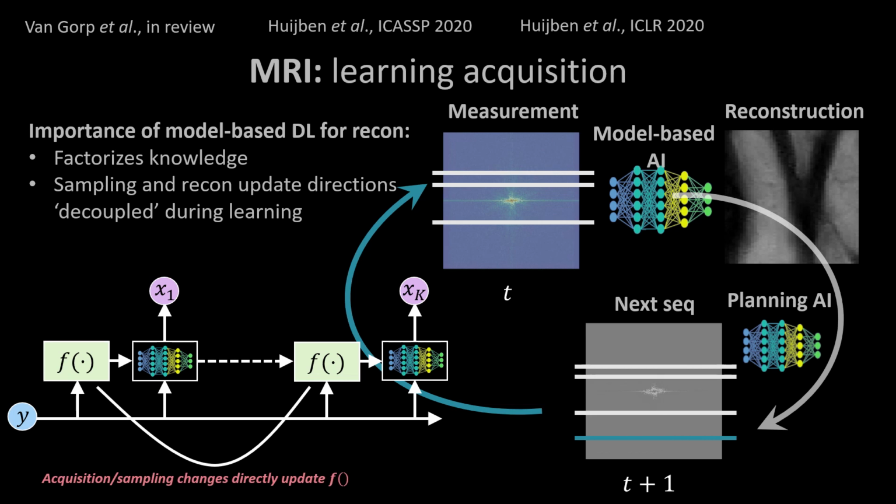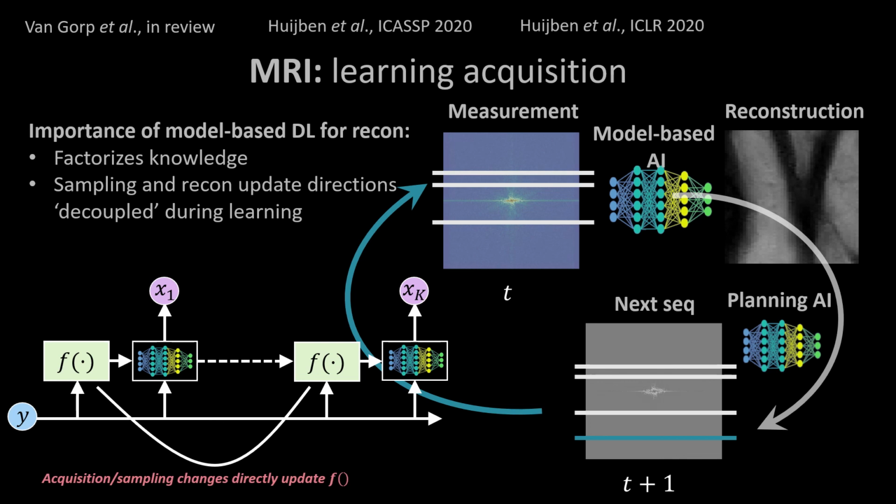Now what does that mean? It means that if you change the sample pattern, so you take a different kind of line set, then the neural network doesn't have to adapt to that itself. It will automatically do so, because all aspects related to the acquisition are directly updating f.